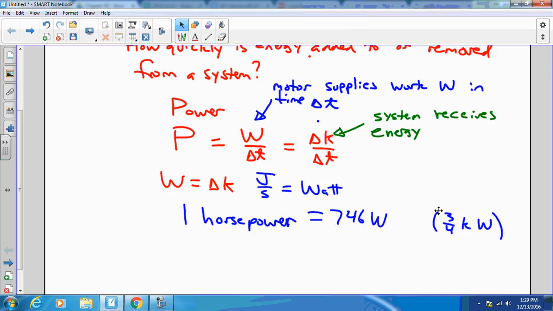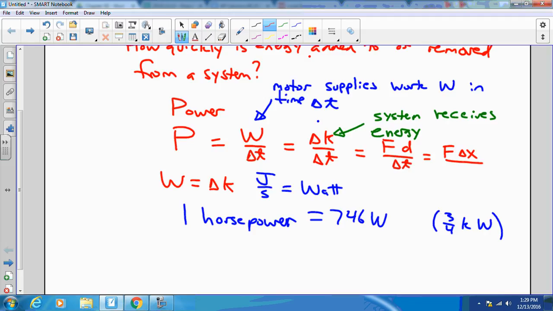Now, the thing that we can do here is to be a little bit clever with our formula to get a third way to measure power. If I take work over delta T, and I write work as force times distance, and I rewrite the distance traveled as delta x, assuming that we are moving in one direction and not doubling back on ourselves, then what I get is F times delta x over delta t.